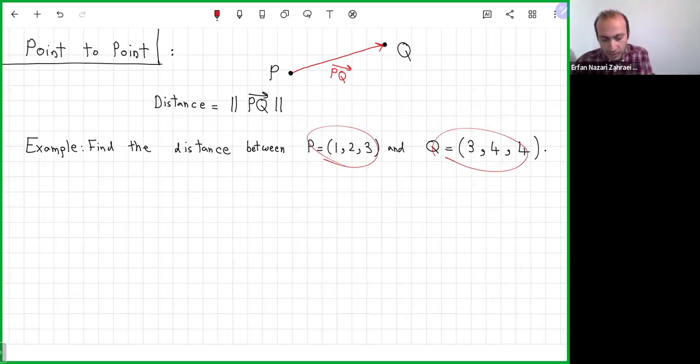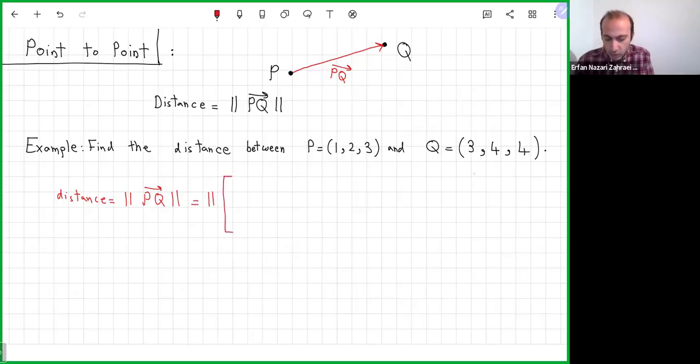Let's do this example. We have these 2 points and we want to find the distance between them. So distance is length PQ. Then I compute the vector PQ, which is coordinates of Q minus coordinates of P. It's endpoint minus the start point. So it's 3 minus 1, 4 minus 2, 4 minus 3, which is 2, 2, 1.